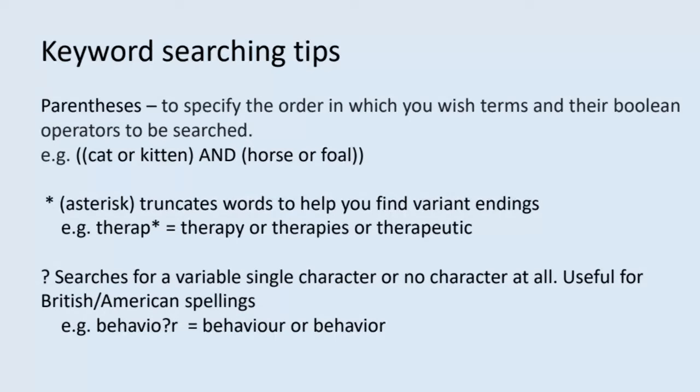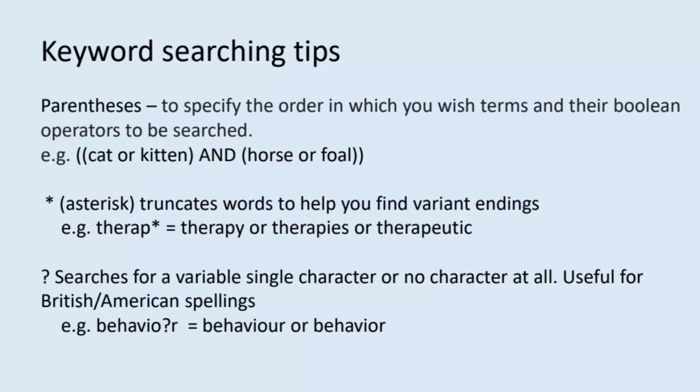A third option is the question mark. So this searches for a variable single character or no character at all. So this is really useful for British and American spellings. As you know, we use a U in words such as behaviour, and the Americans don't.